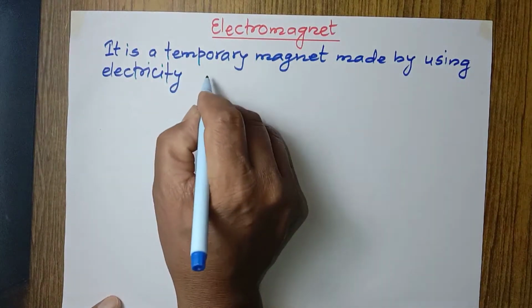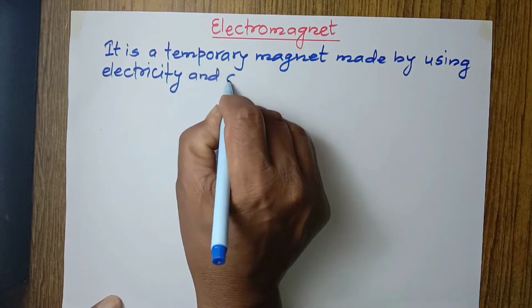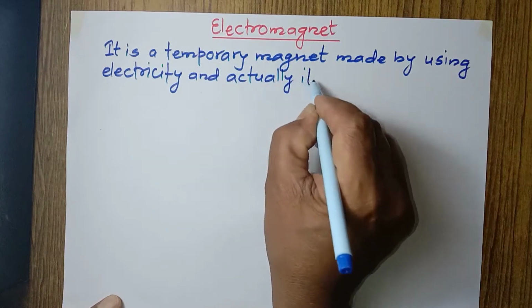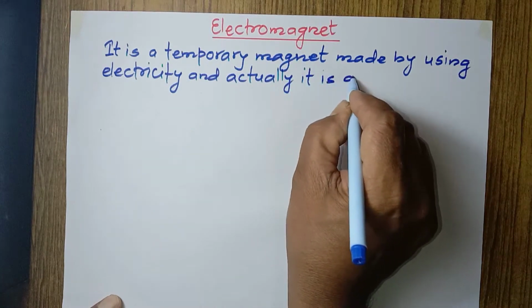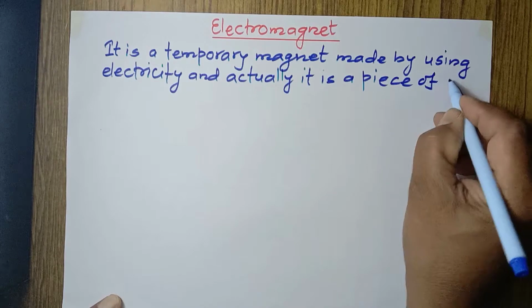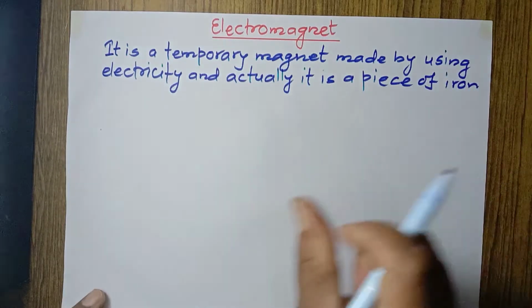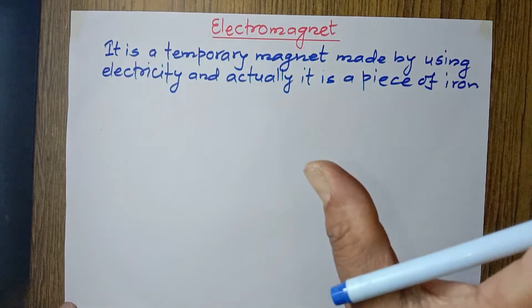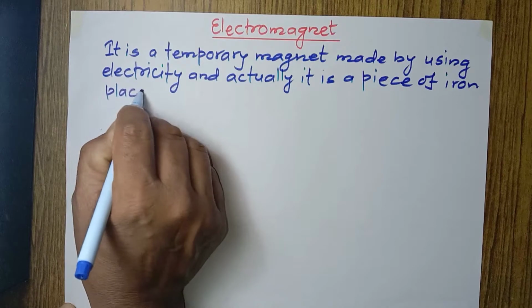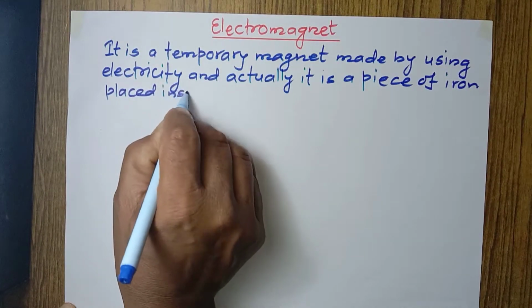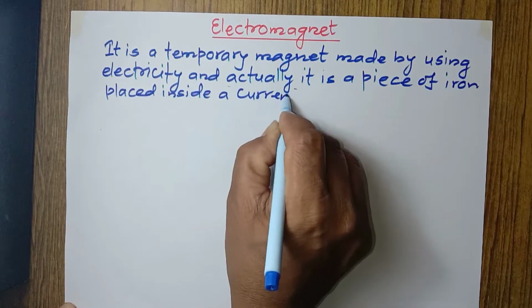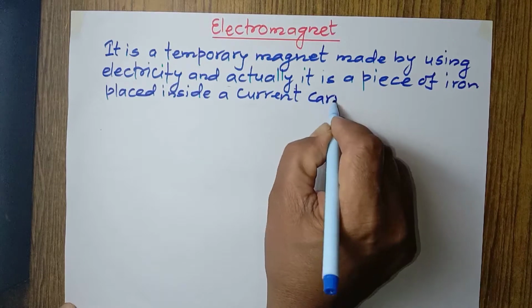And actually, it is a piece of iron, we can say ferromagnetic substance also, a piece of iron placed inside a current carrying solenoid.